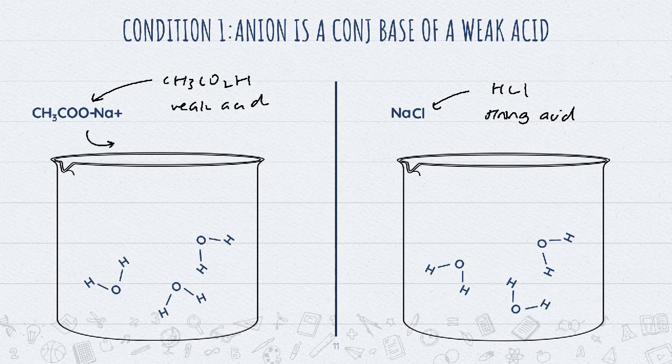Putting this into practice, we can deduce that ethanoate is a strong conjugate base, while our chloride anion will be a weak conjugate base since hydrochloric acid is a strong acid. So what does it mean when we dissolve them in water? Let's see the animations.